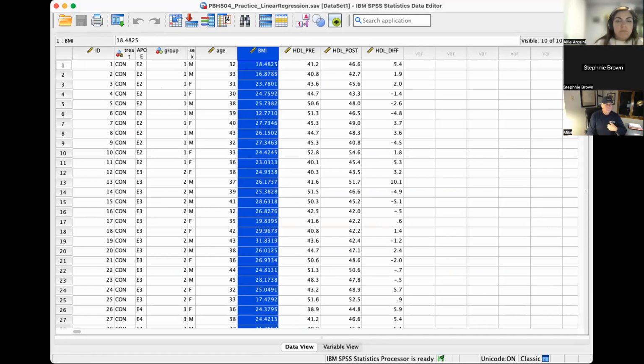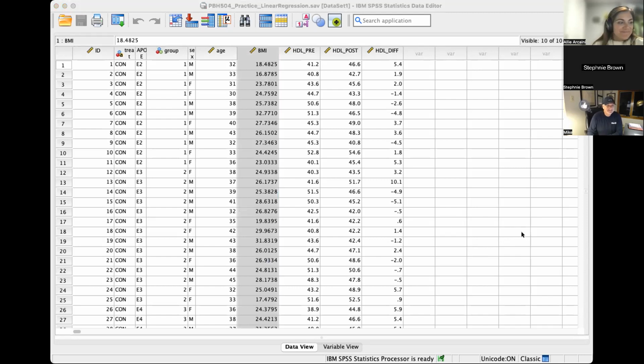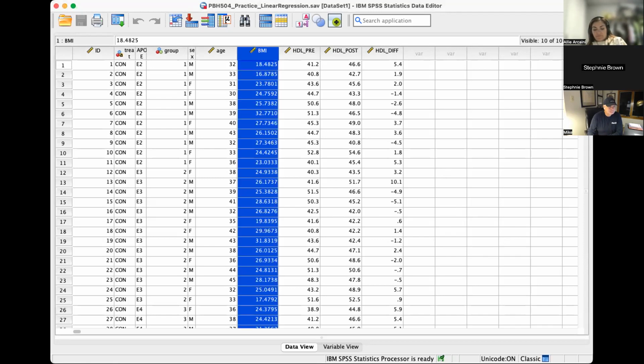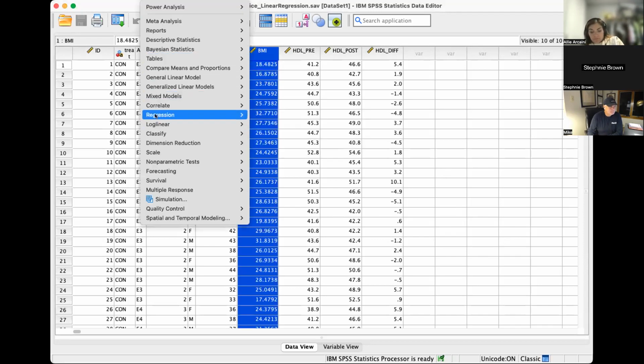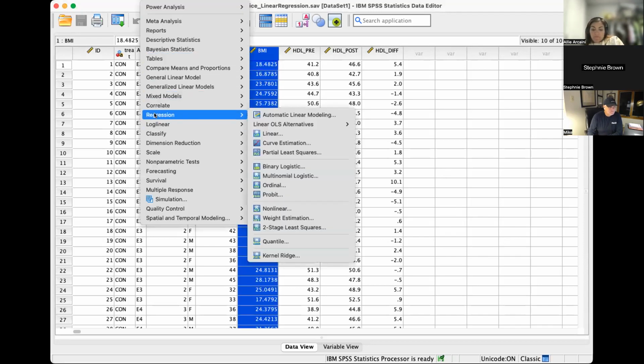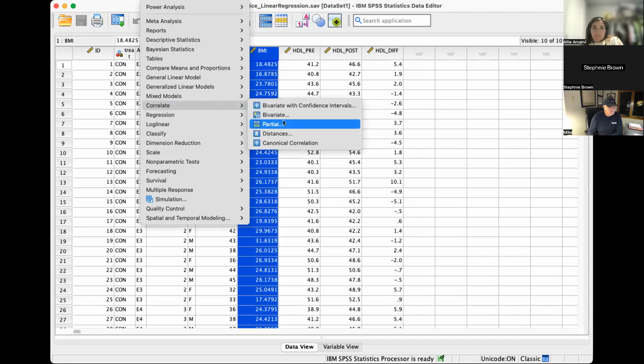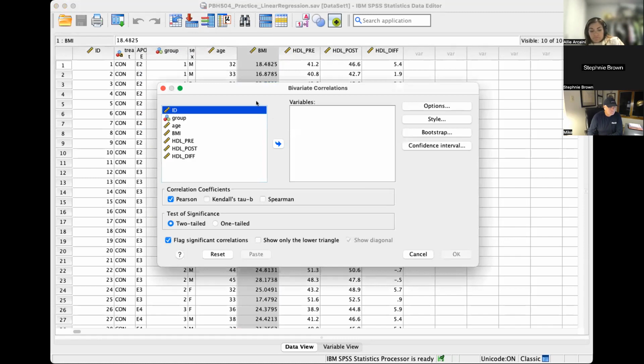My brain is starting to not work with me. Controlling for BMI, okay. So under analyze correlate, you see that week 6, we did bivariate. So might as well just do that first. So we'll do age, BMI, HDL pre.